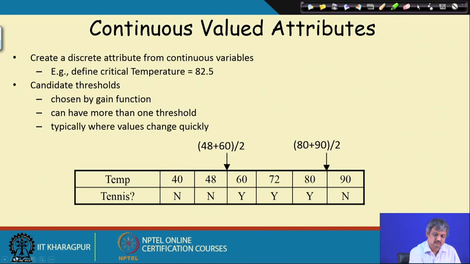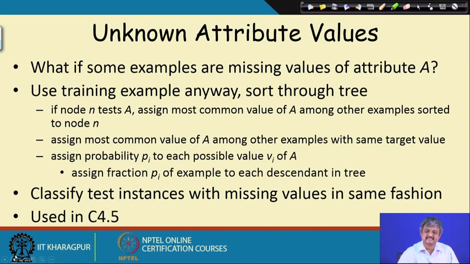Okay. I will later discuss some properties of discretization, some algorithms for discretization. Okay. Similarly, for missing attributes, these are often the strategies. Okay. So, C 4.5 is a popular software for decision trees which uses all these strategies.